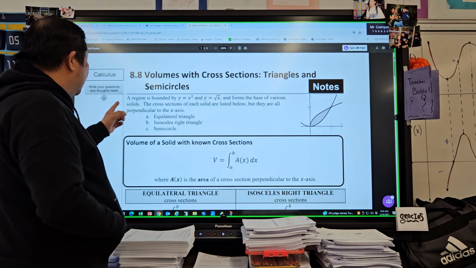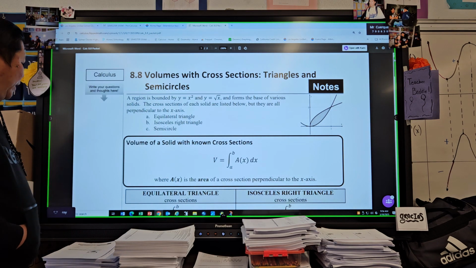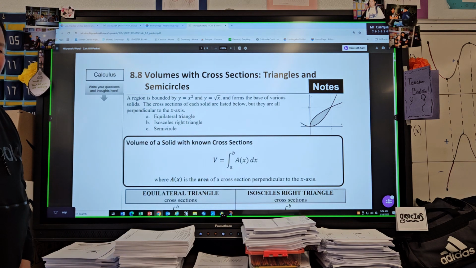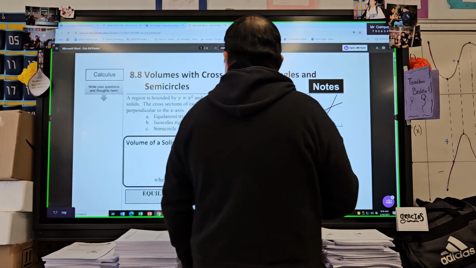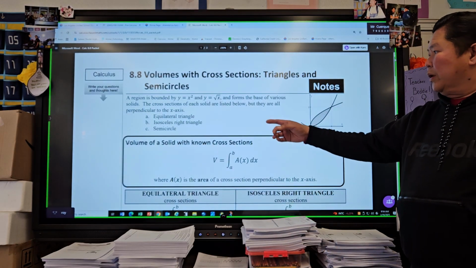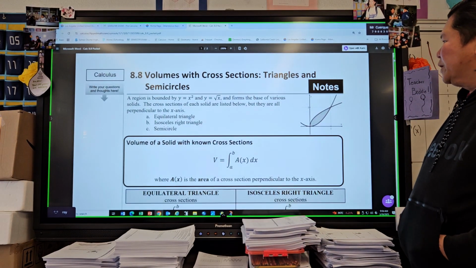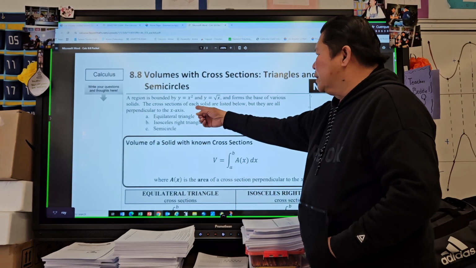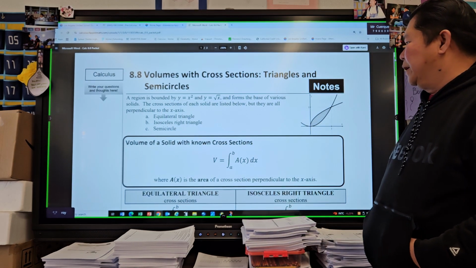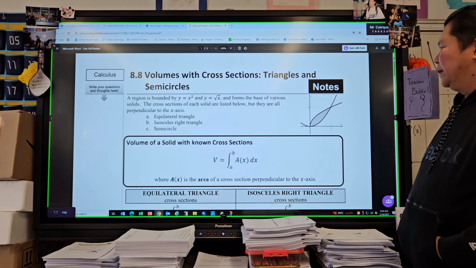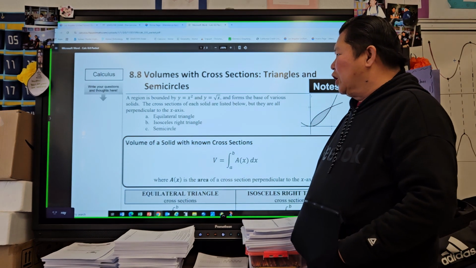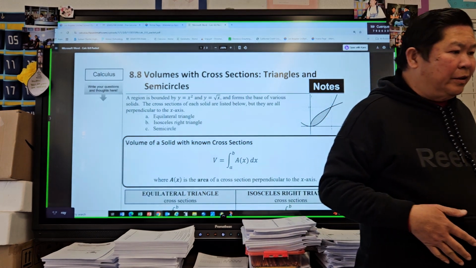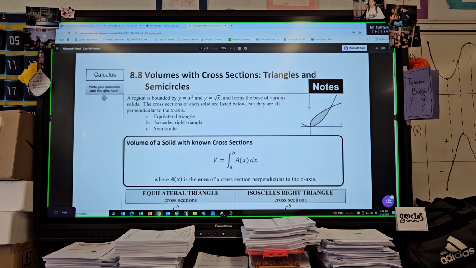Okay, so a region is bounded by y is equal to x squared and y is equal to square root of x, and forms the base of various solids. So the cross sections of each solid are listed below, but they are all perpendicular to the x-axis. So what does it say? Perpendicular to the x-axis.